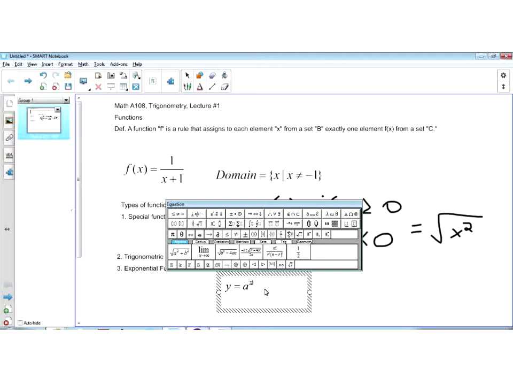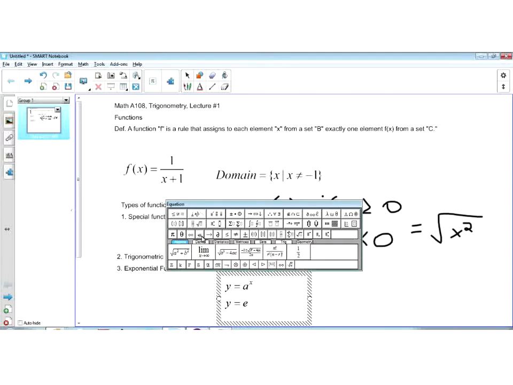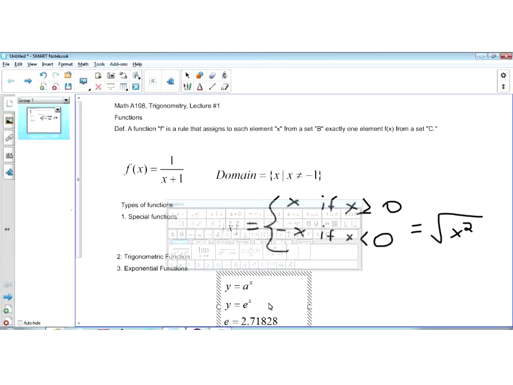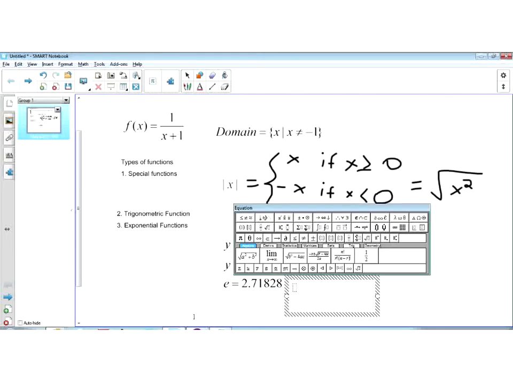Okay, so an example of a common exponential function that we'll deal with quite a bit would be the exponential function. So the exponential function is y is equal to what? e to the x, where what is e? Okay, do you recall what e is? Okay, so if you don't remember, e is equal to 2.71828. Now e is an irrational number, so what I've written here is an approximation to e.